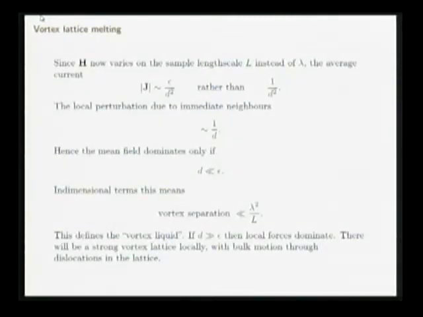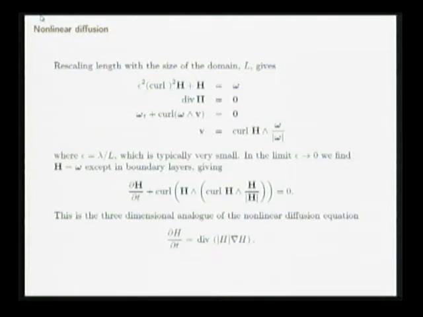There's one thing that I could have mentioned yesterday that I didn't, and that is another effect that's due to this rescaling onto the sample size. When I rescale and say I'm going to now scale length with sample size, implicitly, when I cross this epsilon times the second derivative out here, I'm assuming that h is not varying very rapidly.